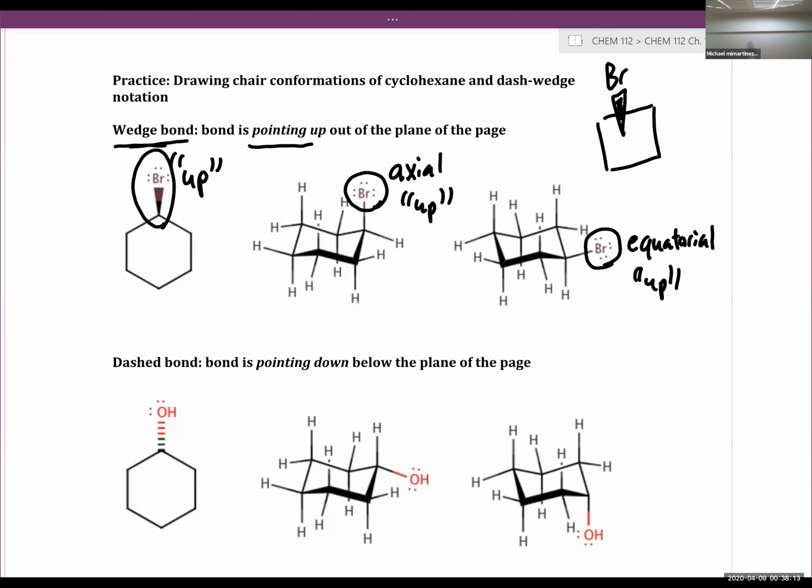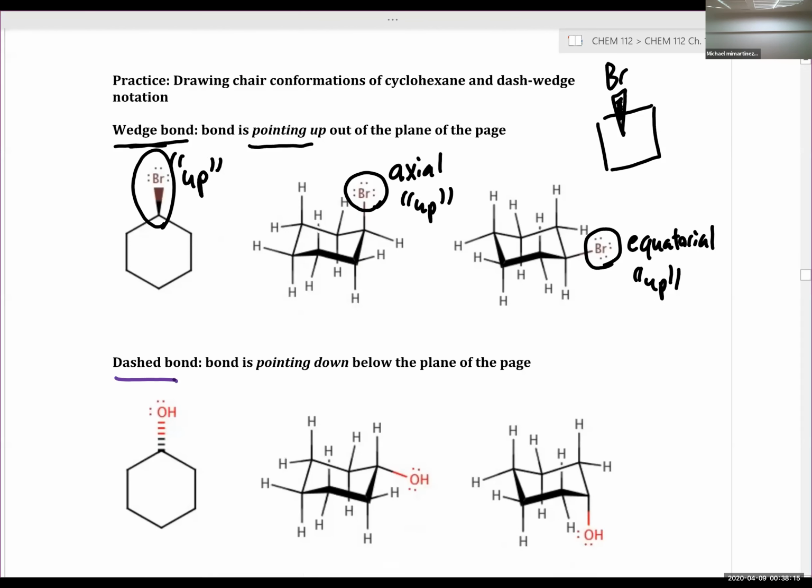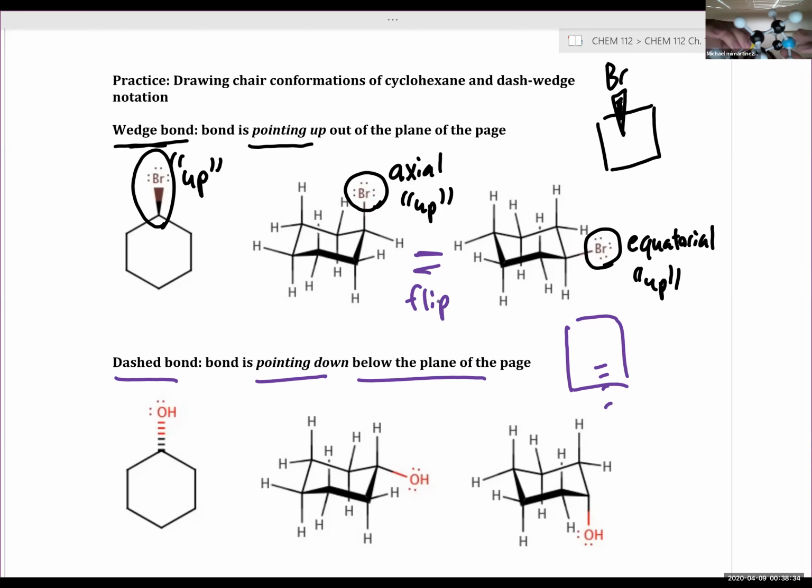Now, unlike the wedge bond, for the dashed bond, our bond is pointing down below the plane of the page. Yes, the switch from axial to equatorial is the result of a ring flip. But the key thing that's really important to take away is no matter how we undergo a ring flip, let me start from scratch here.